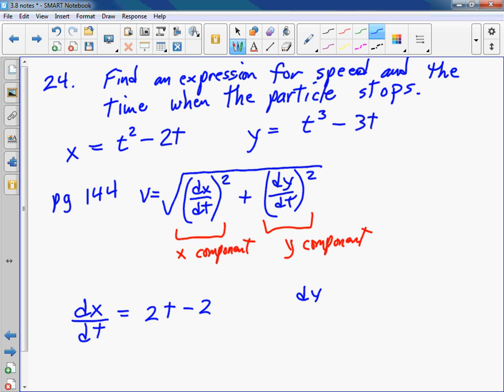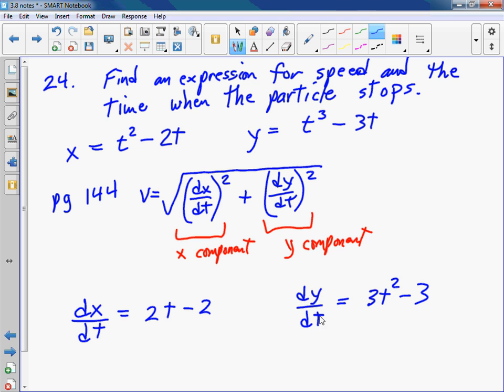And the derivative of y with respect to time equals 3t squared minus 3. Last time we had implicit derivatives, the derivative of y with respect to x.